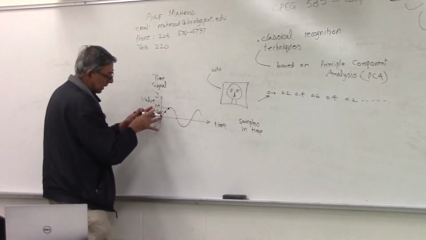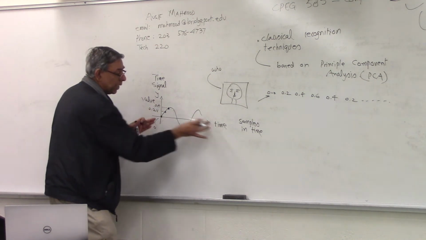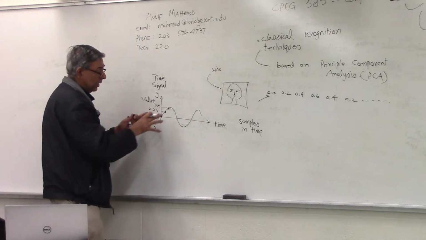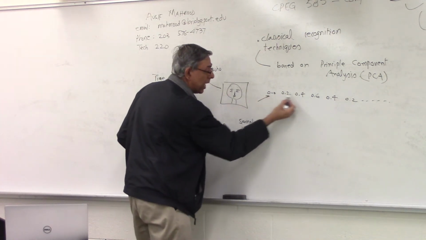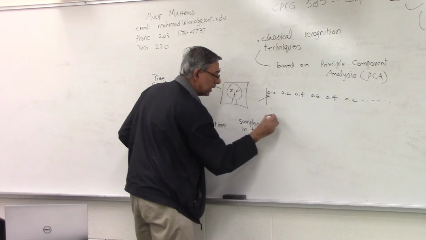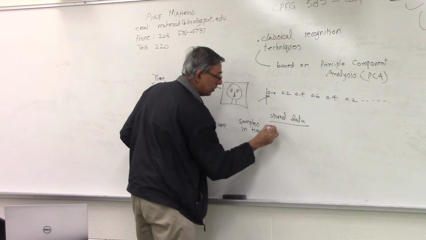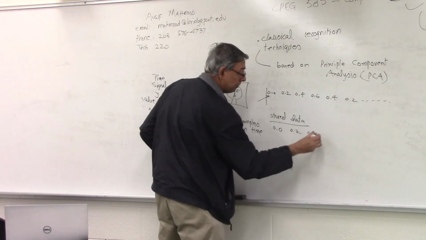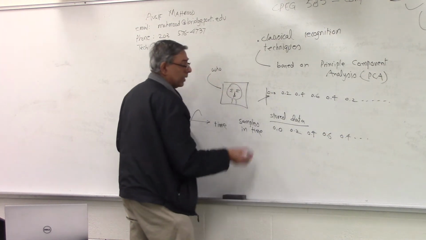So let me show you the problem with measuring data in the time domain, okay? Let's say somebody gave us this sine wave and we looked at the pattern. So let's say our stored data is also 0.0, 0.2, 0.4, 0.6, 0.4, okay?